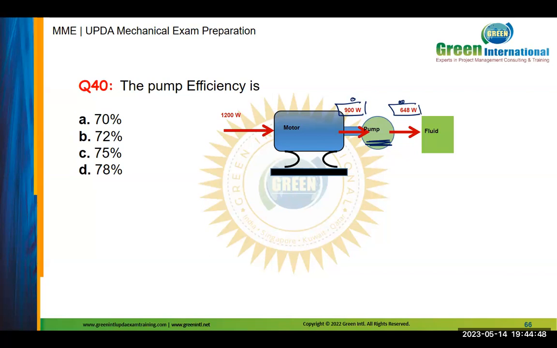For the whole system, the final output, which is 648, is divided by the initial input, which is 1200. And sometimes for some problems, they give you the efficiency of the motor directly as a value, the efficiency of the pump as a value, and request the overall efficiency. So this is equal to the efficiency of the motor multiplied by the efficiency of the pump.